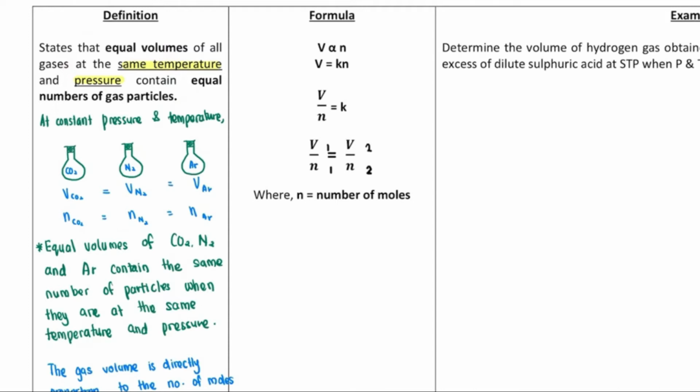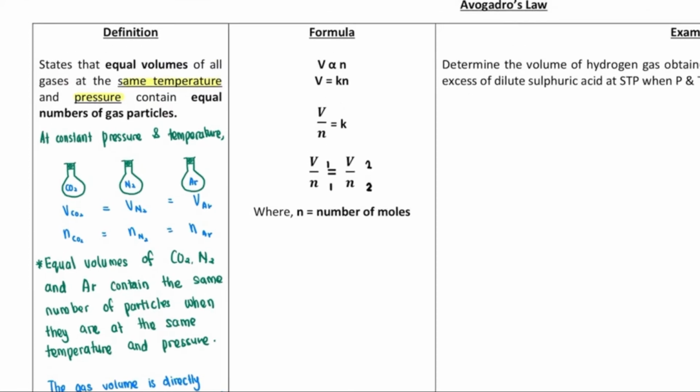So Avogadro's law states that equal volume of all gases at the same temperature and pressure contain equal number of gas particles. So maksudnya kalau volume gas tu sama dan all the gases berada pada temperature dan pressure yang sama, so maksudnya kesemua gas tu ada equal number of gas particles. So gas particle here mean moles, molecules, ions and so on lah.